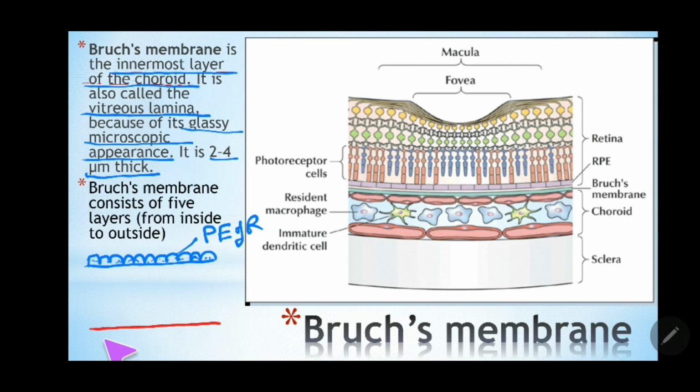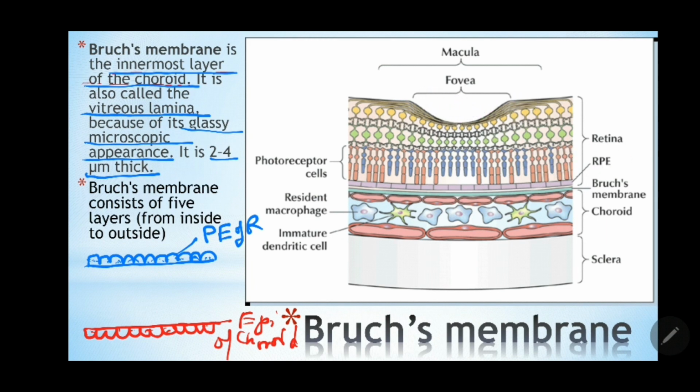On the outside it is the epithelium of the choroid. These are already, this is a part of retina and this is a part of choroid. Now in between the two, it will be the Bruch's membrane. Let me tell you that it has 5 layers, right?